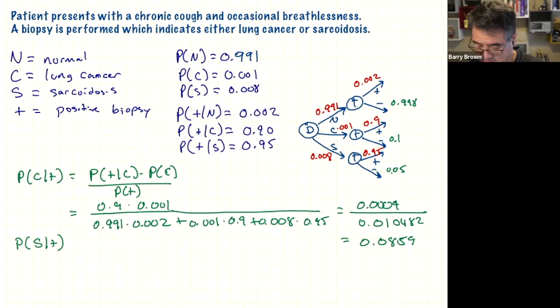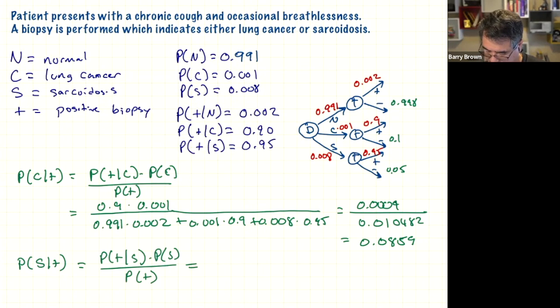So biopsy comes back positive and there is almost a 9% chance that you have lung cancer, which seems pretty high, like a 1 out of 10 chance. But let's work out the other possibilities here. So this one, again, we plug it into Bayes' rule. So we have all those numbers. This is going to be a quick calculation. Probability of plus given S is 0.95.